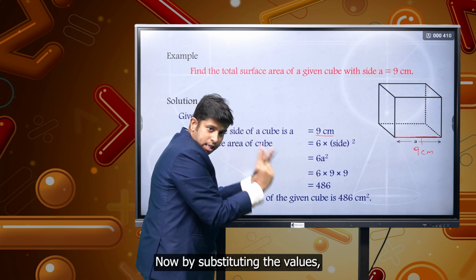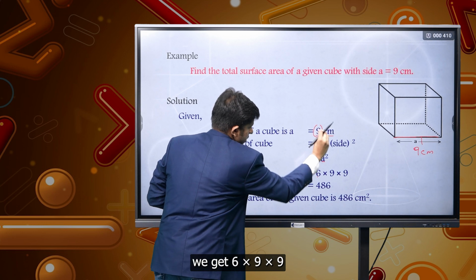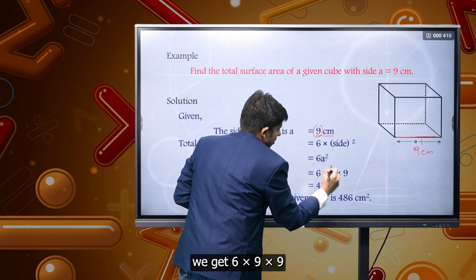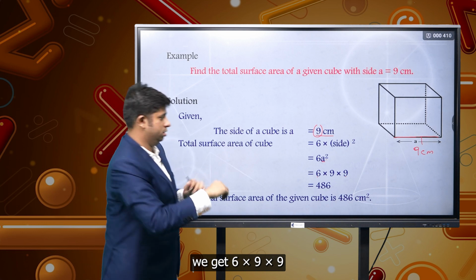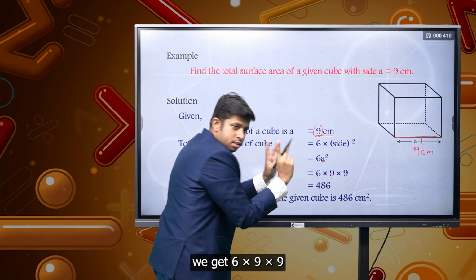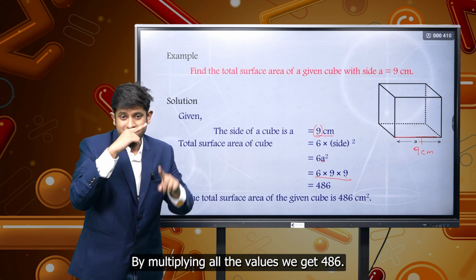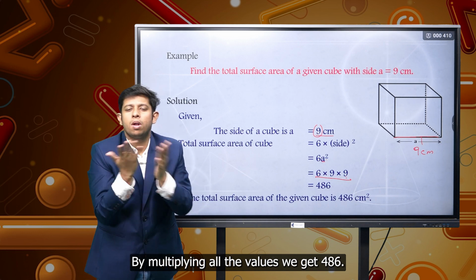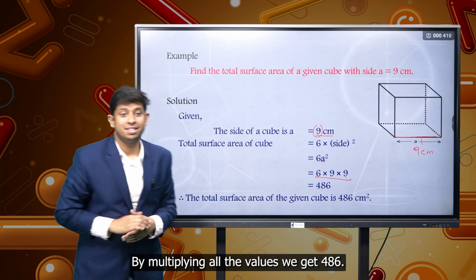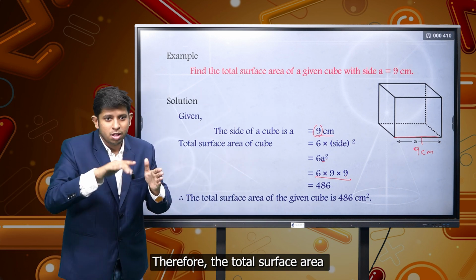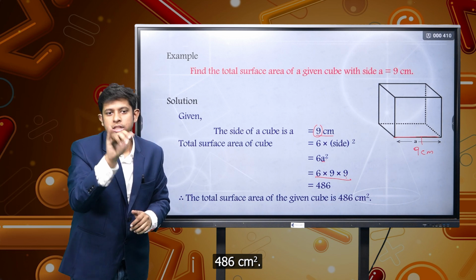Now, by substituting the values, we get 6 into 9 into 9. By multiplying all the values, we get 486. Therefore, the total surface area of the given cube is 486 cm square.